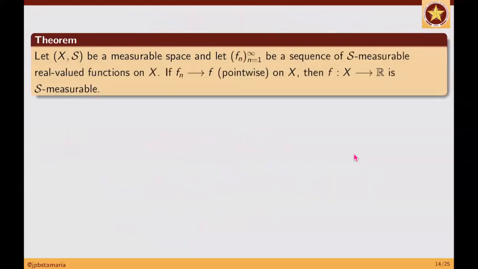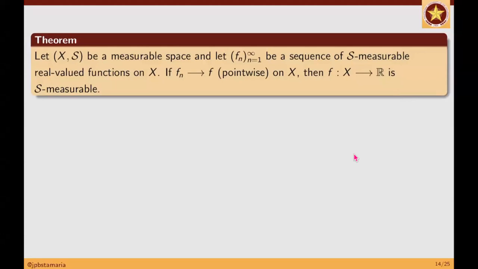Okay. So this one is about sequences of functions. Like before, if you can remember at the beginning of this class, we normally have a sequence of functions that converges to a certain function. If the elements of your sequence have a certain property, we would like to know if the limit also has that property.